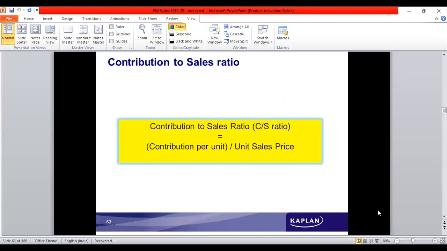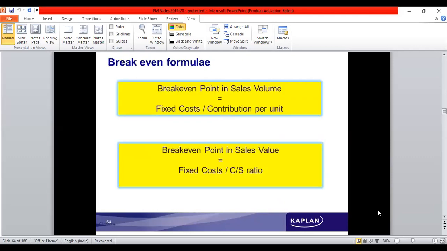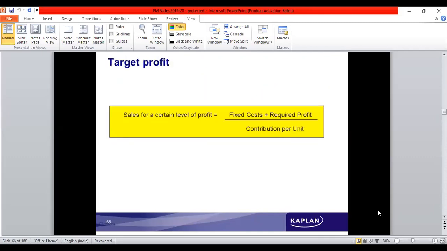Contribution to sales ratio is equal to contribution by sales into 100. Then the break-even point formula, I gave you both of them. The sales value of the break-even point is fixed cost divided by the contribution to sales ratio. If it is in number of units, fixed cost divided by contribution per unit. Then we have targeted profit.